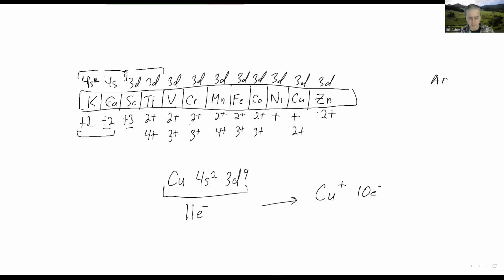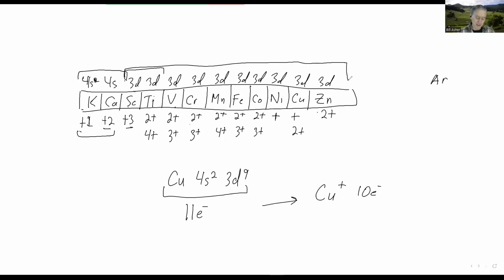For example, manganese has 1, 2, 3, 4, 5, 6, 7. If it loses 2, it has 5 electrons, so it probably sets them into the d orbitals and loses the 2s. So that's sort of what's going on. But there's really no way to predict what their ions will be based on where they are.